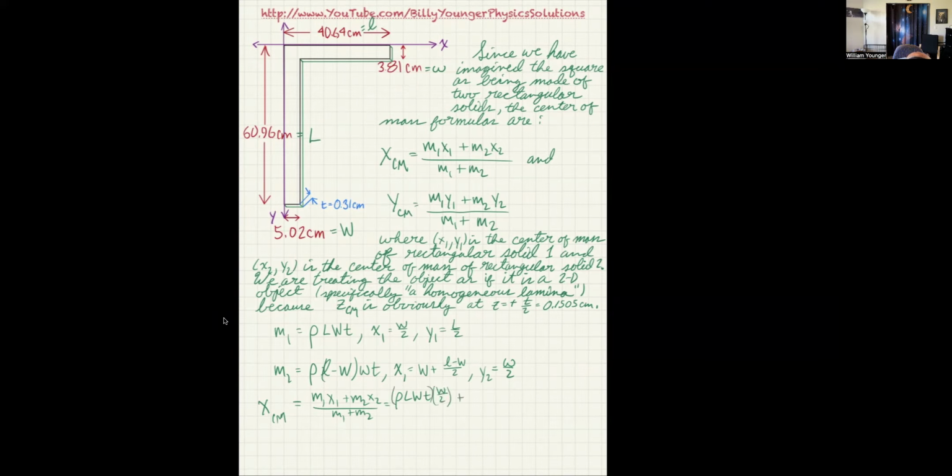And then M2 is going to be rho times L minus W times omega. This one's a W, that one's an omega, times T.